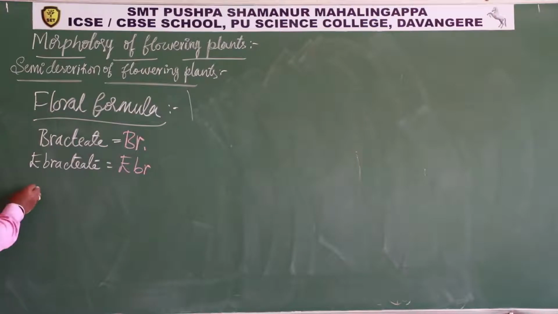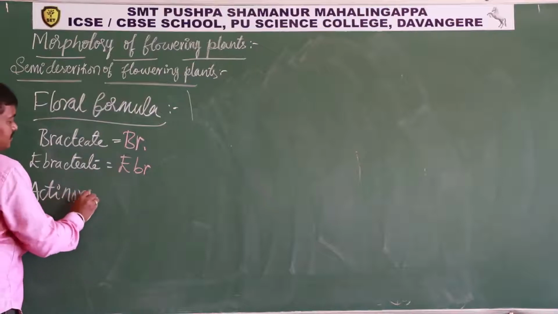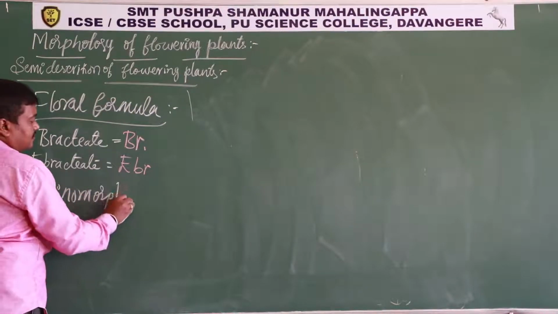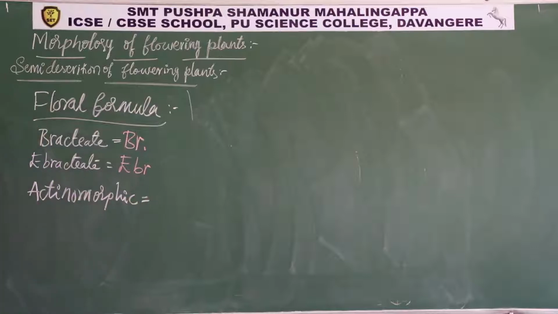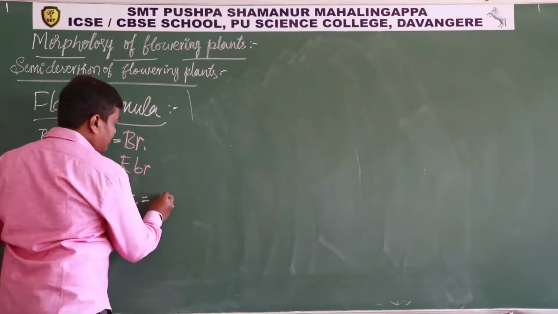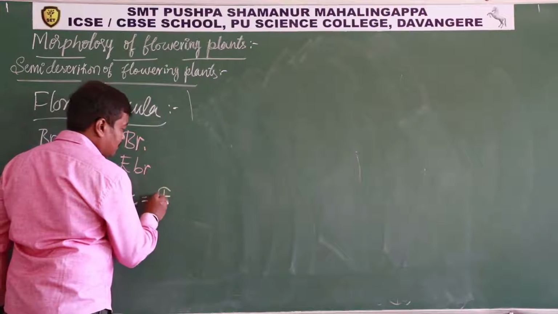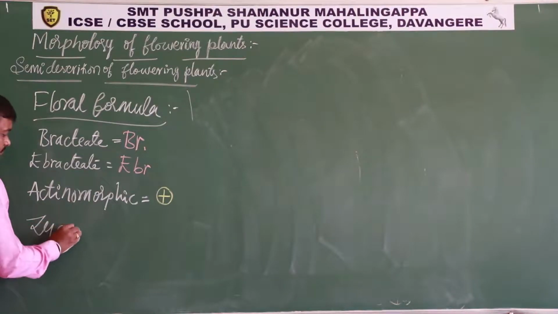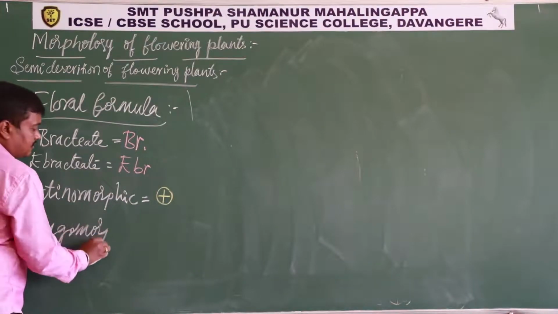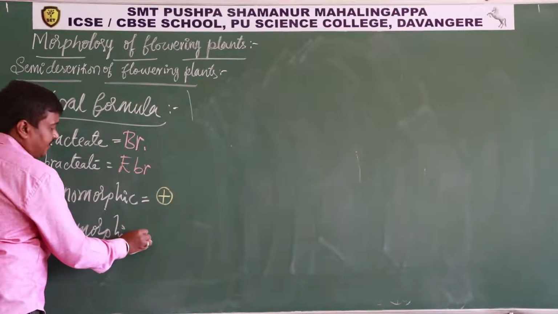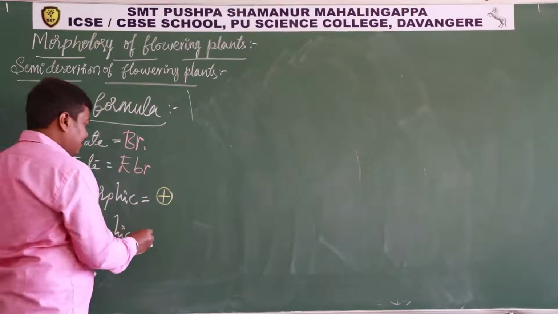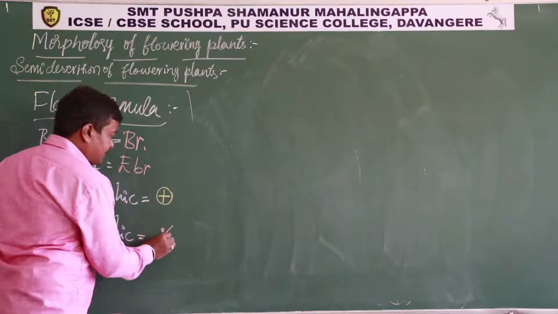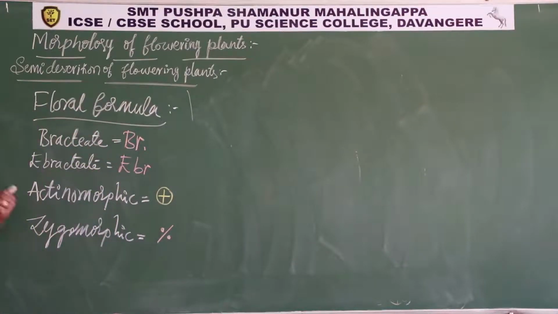Then the flower, if it is actinomorphic, the symbol used is a plus symbol surrounded by a circle. Okay, this indicates actinomorphic. And if it is zygomorphic, it can be written by a percent symbol.